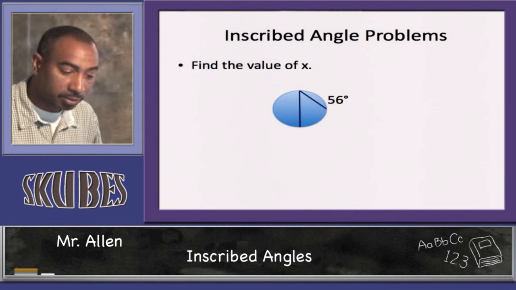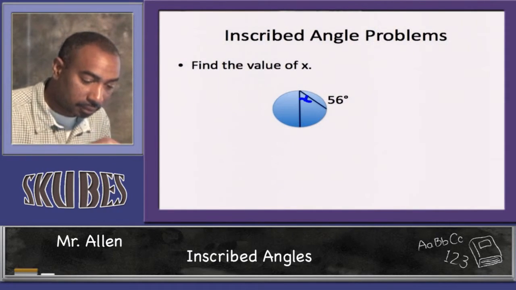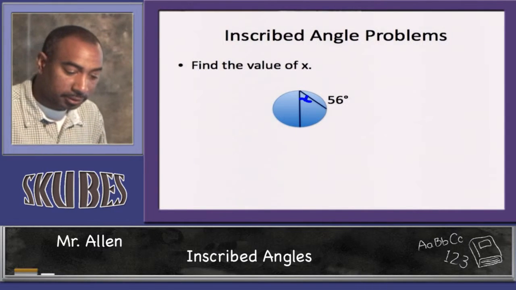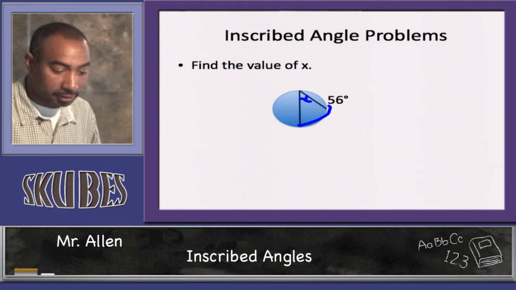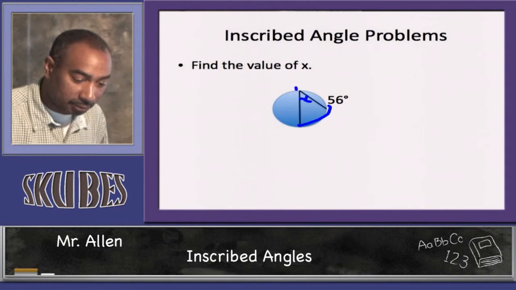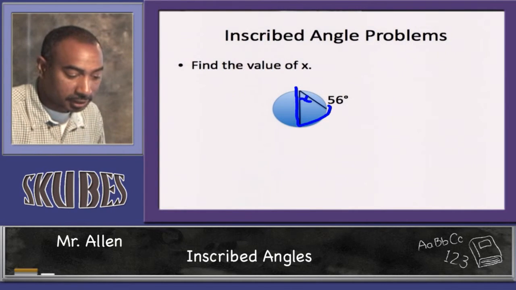All right, find the value of x. You don't know what the intersecting arc is, but you know that this arc is 56 degrees. But if you notice, this is a diameter. That forms a semicircle, which means that this has to be 180 degrees.